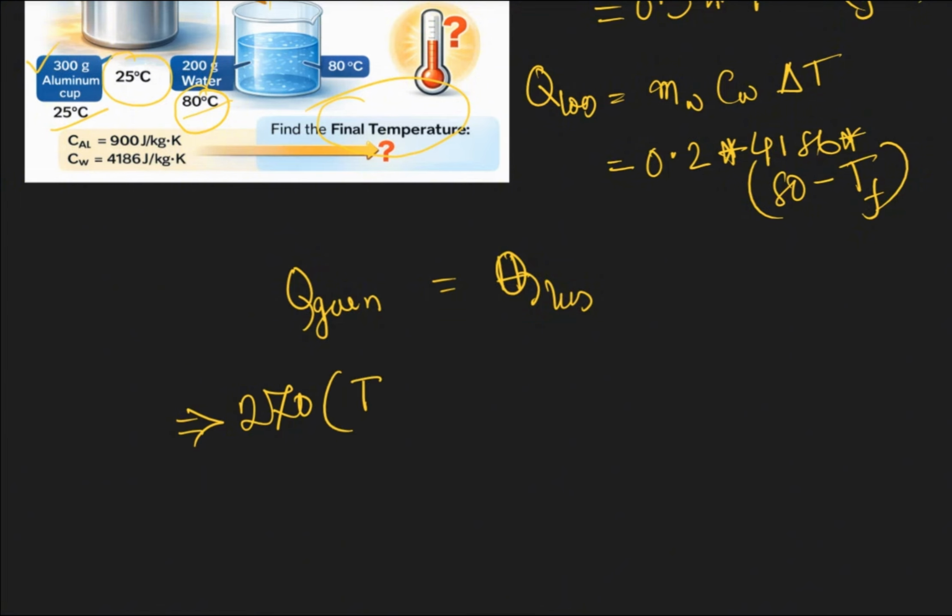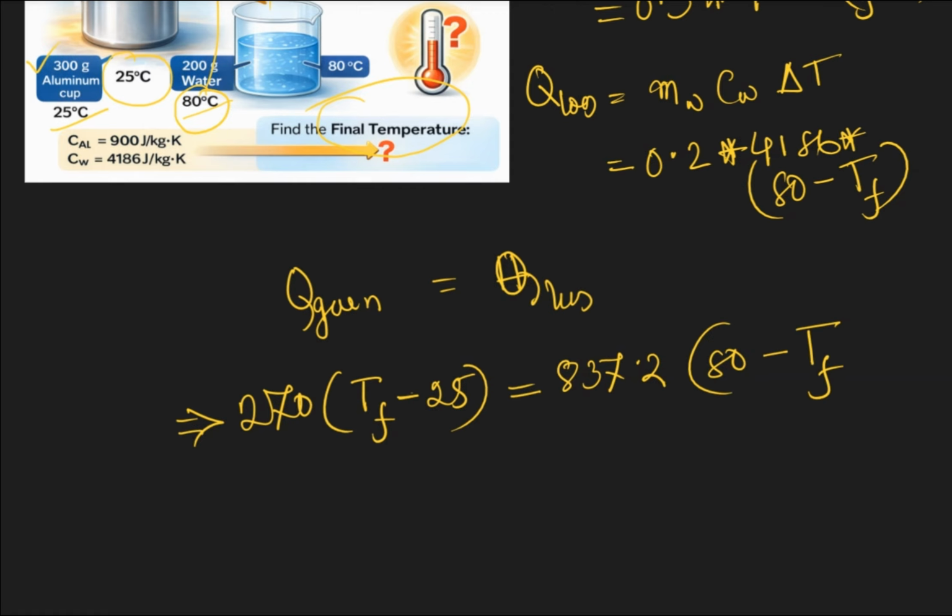So 270 times TF minus 25 is equal to 0.2 times 4186, which is 837.2, times 80 minus TF, right?